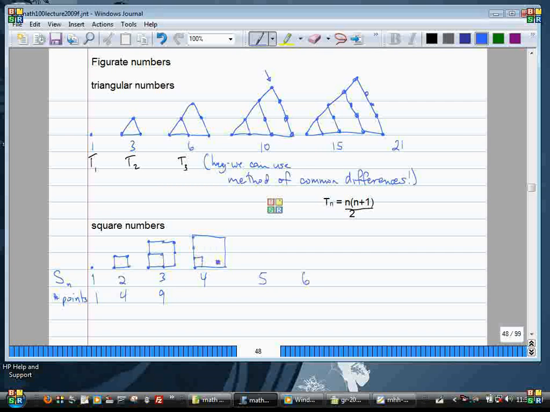If you just look at the way the dots are arranged, here we have 4 rows of 4. In the next one, we're going to have 5 rows of 5. And you can see that in the next one we're going to have 6 rows of 6. So this is just 16, 25, 36.